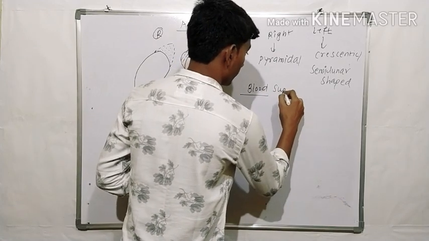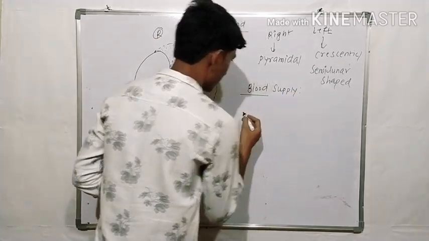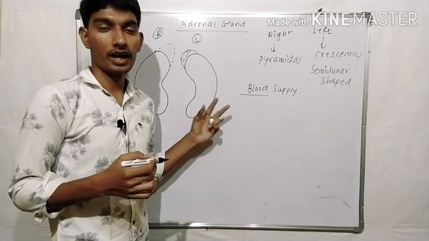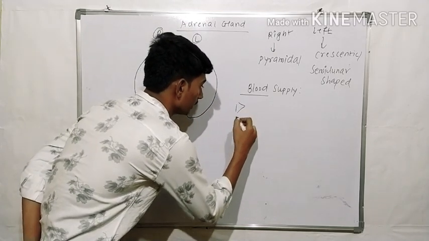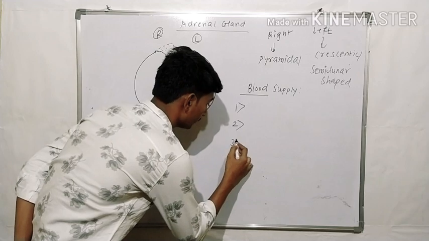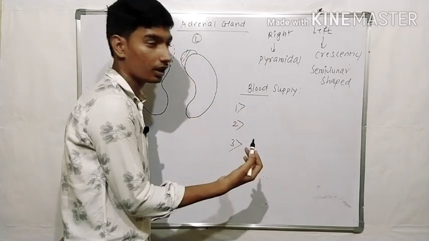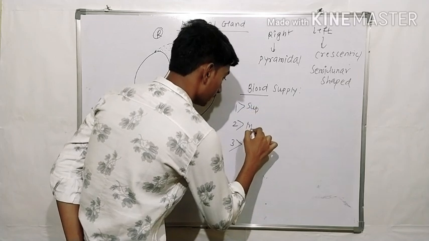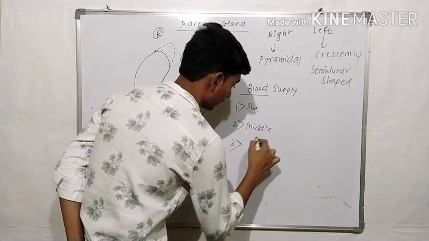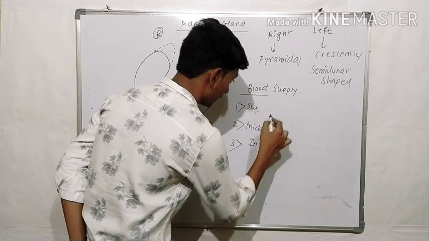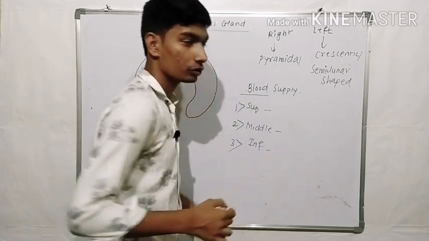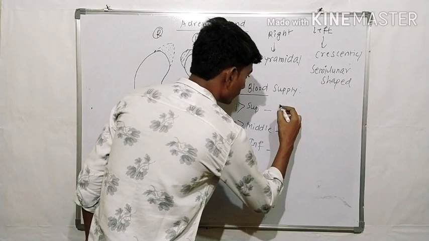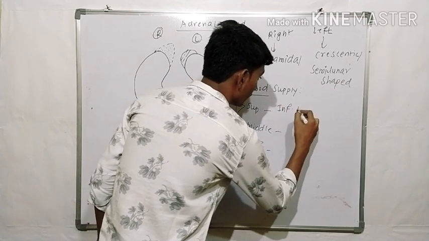Blood supply of adrenal gland is by superior, middle and inferior suprarenal arteries. This superior suprarenal artery is a branch of inferior phrenic artery.